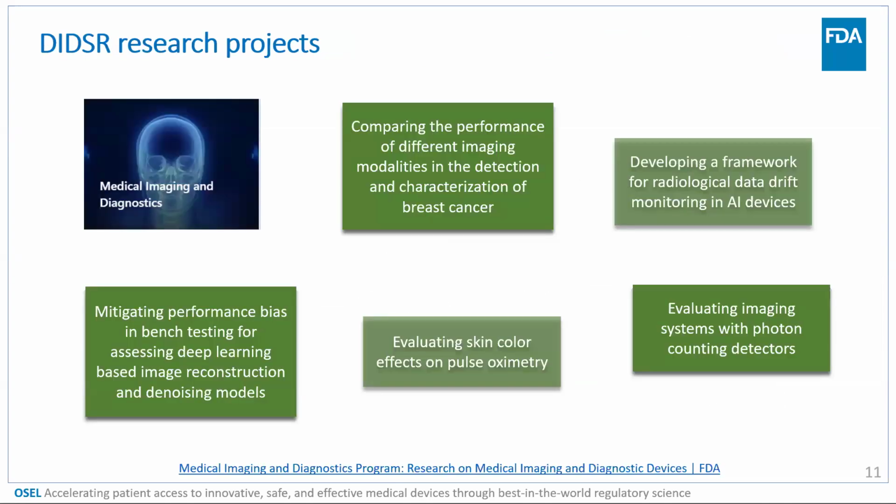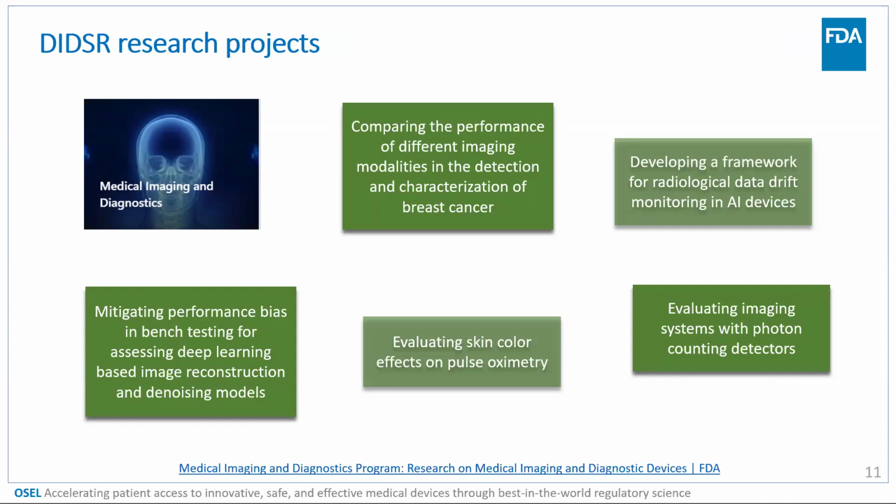Okay, so I mentioned the 4 areas of research within DIDSR. One of these is medical imaging and diagnostics, and these are just a few projects in that area that are ongoing. One down here, you see evaluating skin color effects on pulse oximetry.